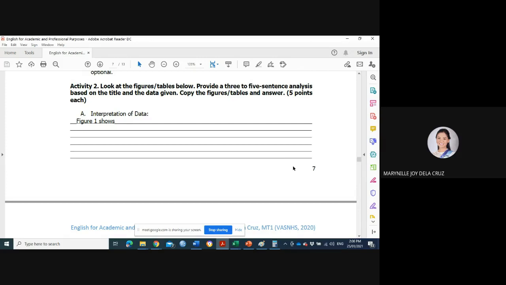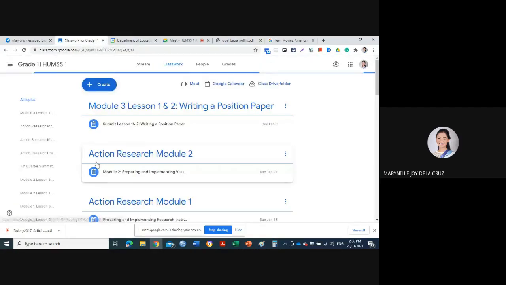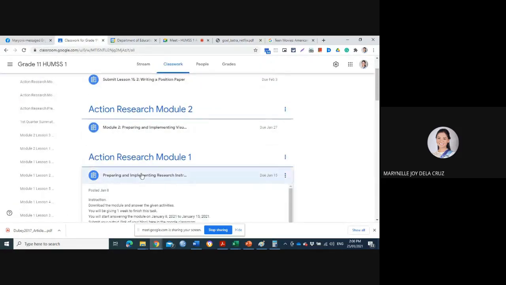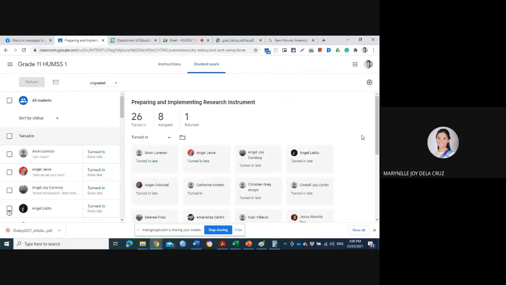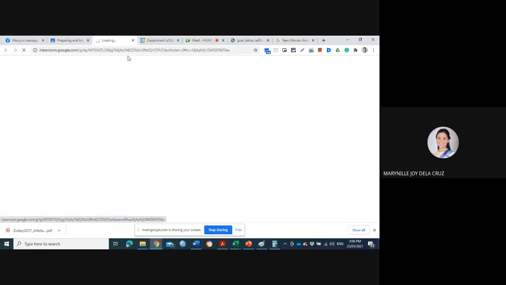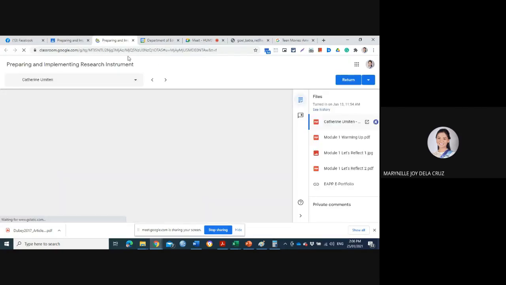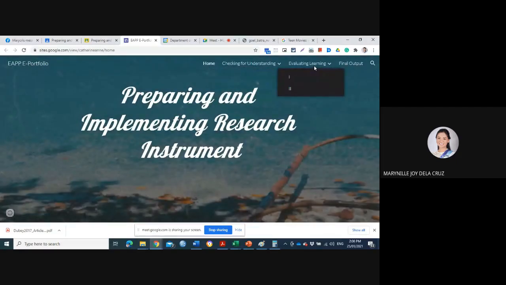For example, in the case of your classmate, Miss Catherine Omiten, in her action research 1, let's use Miss Omiten. In her research, she was able to use a questionnaire.